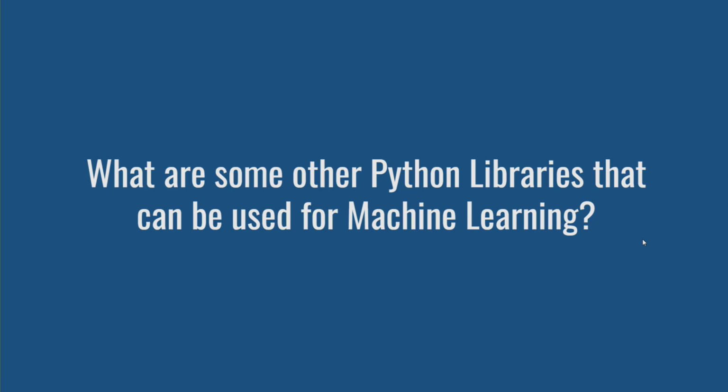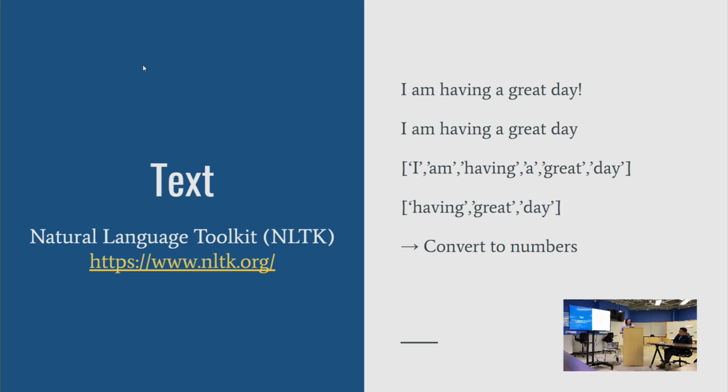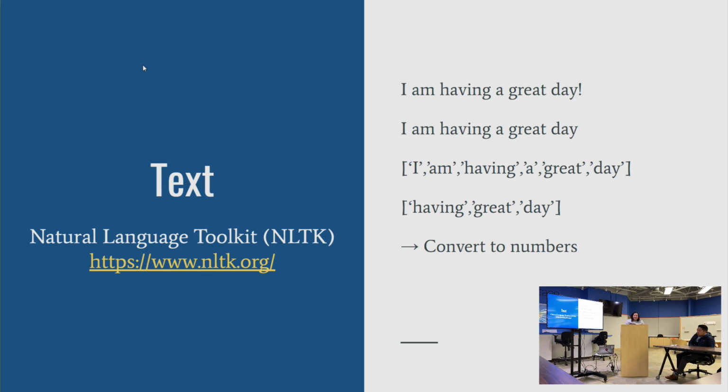Okay, and then there are other Python libraries that can be used for machine learning. There's one that works with text. For example, if you have a sentence, you take out the punctuation, and then you separate each word out. From there, you take out the words like I and A that are used often, there's a term for it, I forgot the term.